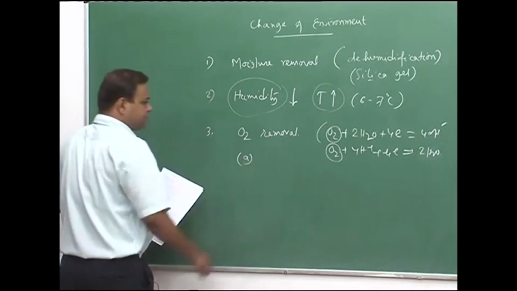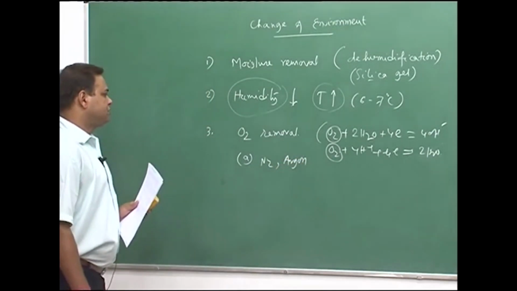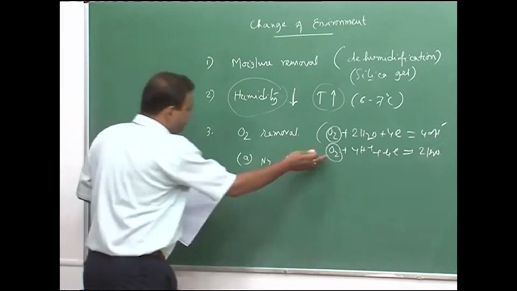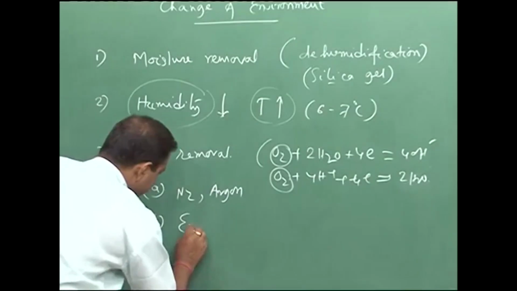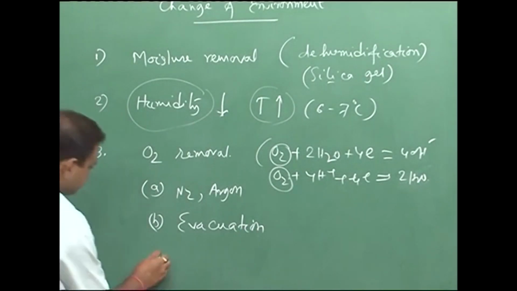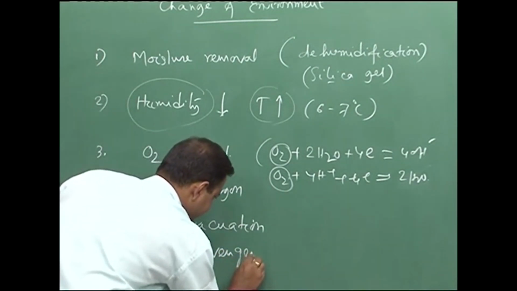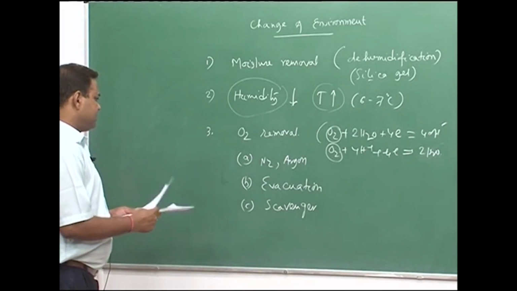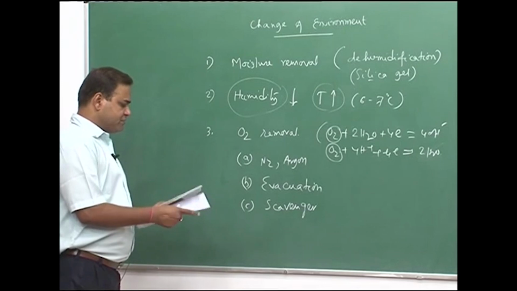Either we can purge with nitrogen gas or argon gas, which are inert gases. If we purge nitrogen or an inert gas through the solution, we can get rid of oxygen to a great extent, or we can introduce evacuation if needed, or we can introduce a scavenger. A scavenger reacts with dissolved oxygen and gets rid of the oxygen in the solution.